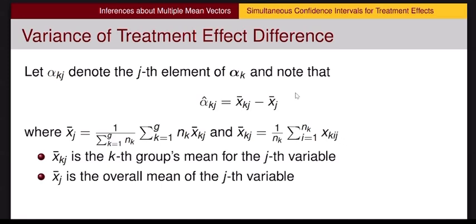When it is narrow, you are going to have a very precise interval. So the variance of treatment effect difference is very crucial in statistical inference. Number one, it enables us to statistically test how significant the mean vector is. Number two, it enables us to have a more precise confidence interval, because when the variance is low, there is high statistical power.